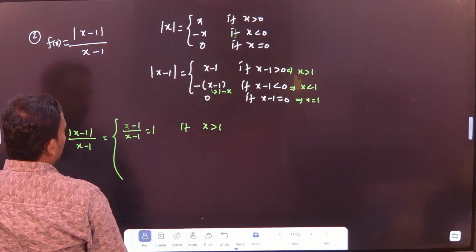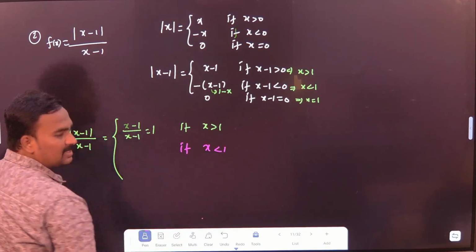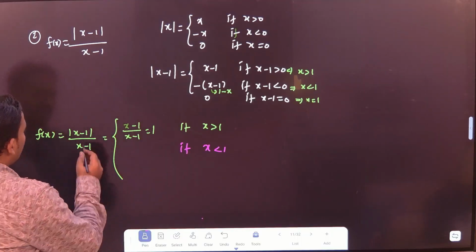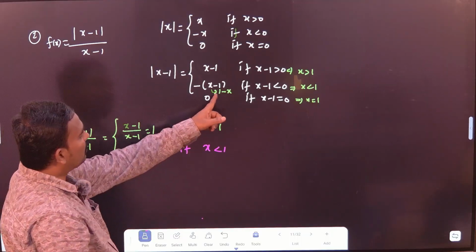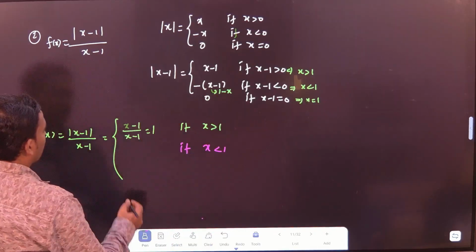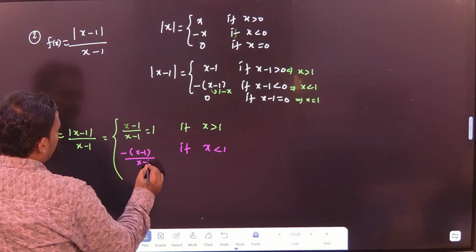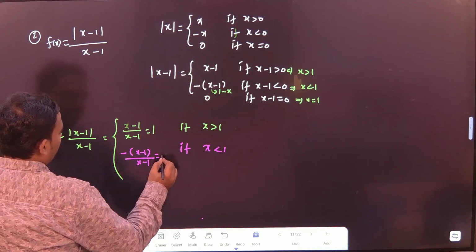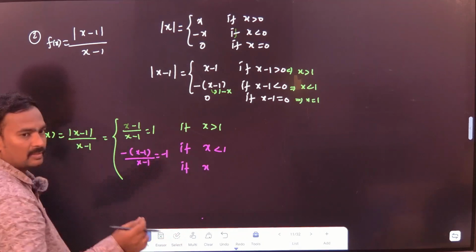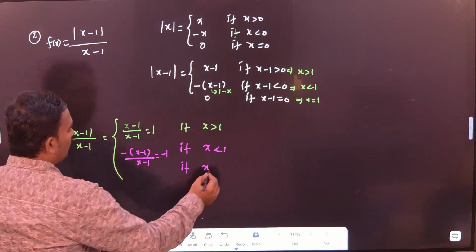Okay. Now if x is less than 1, x less than 1 means x minus 1 less than 0. In that case, mod x minus 1 is minus of x minus 1. That means we can write 1 minus x, or minus of x minus 1, divided by x minus 1. This will be minus 1. If exactly equal to 1, that means x minus 1 equal to 0, so x equal to 1.